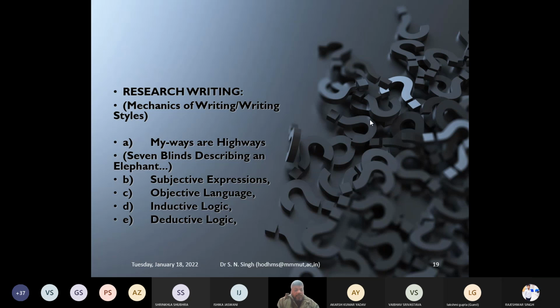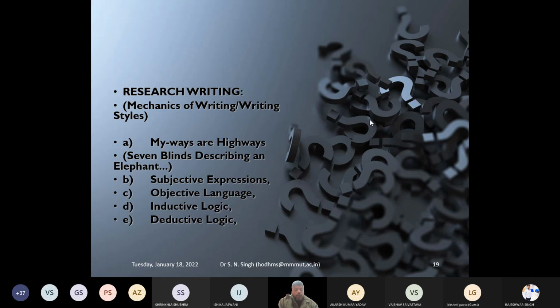As the title says, writing styles. And the first point is talking about "my ways are highways." That's what you only know right now. What is "my ways are highways"?